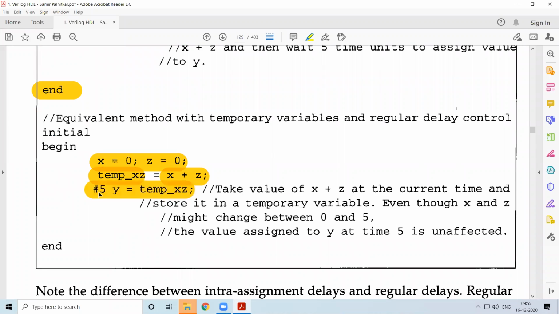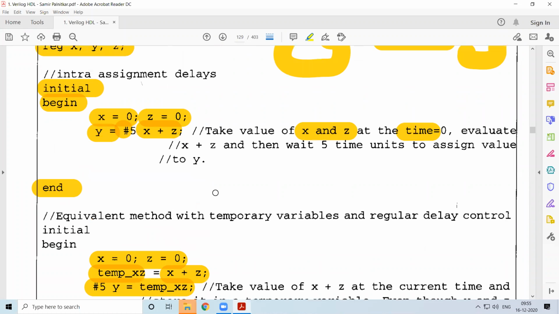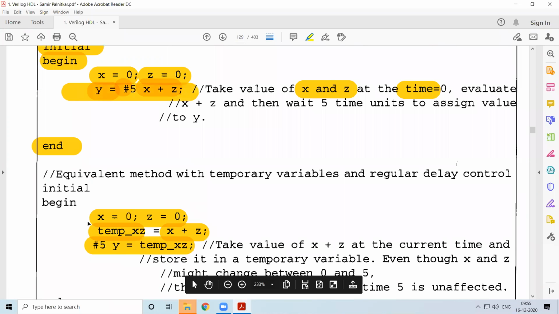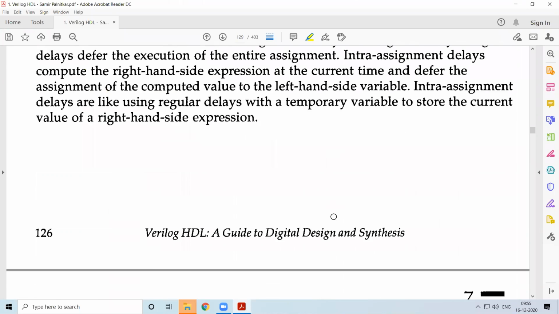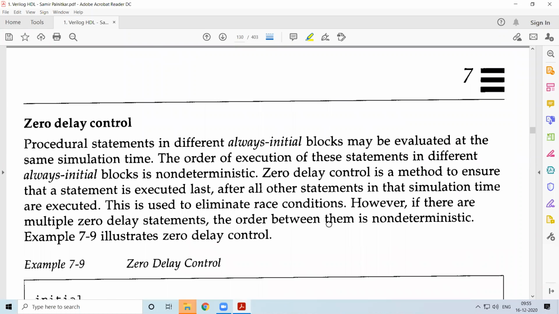So what it does is #5 y = temp of x and z. So the previous value of this expression will be evaluated and stored in y after 5 time units of delay. So this statement is equivalent to these two statements together. It is clubbing two statements together. So this is how it goes for intra-assignment delay.